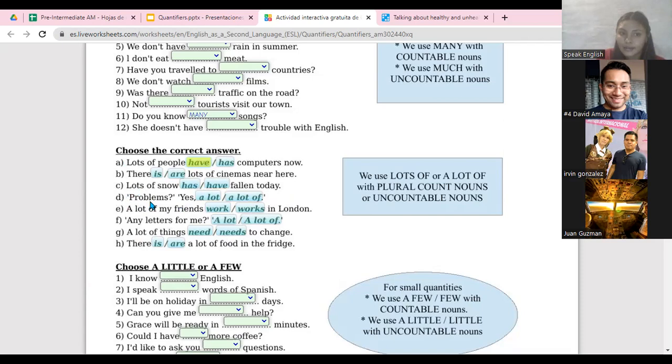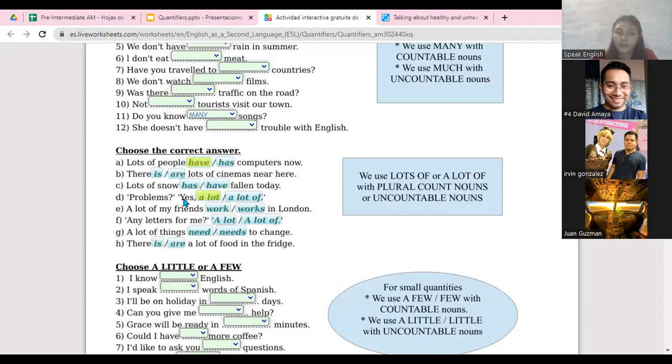This is an exception. We say problems, but we cannot count it because they are intangible. Intangible. We cannot count it. And for answers, we say yes, a lot.